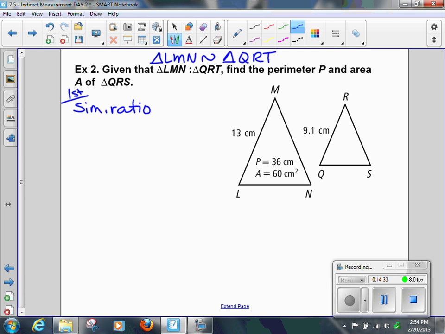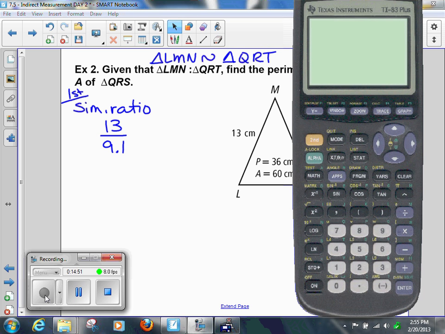Side over side. All right, so let's see, 13 divided by 9.1, because that looks kind of weird, having that math bracket.